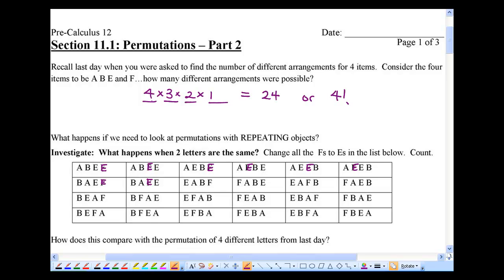As you do this, see if you can figure out what's going on. I know there are duplicates. How many duplicates? And ultimately, how many ways can you see?